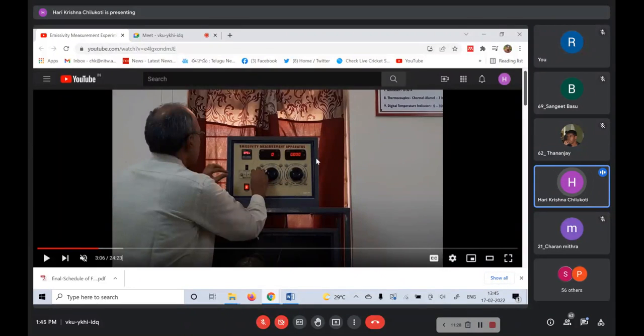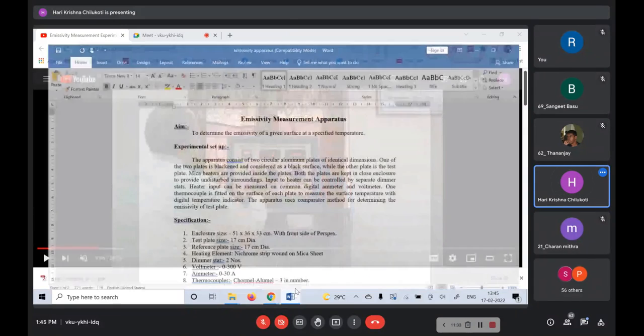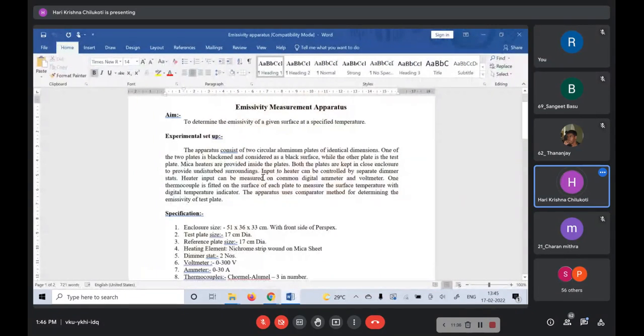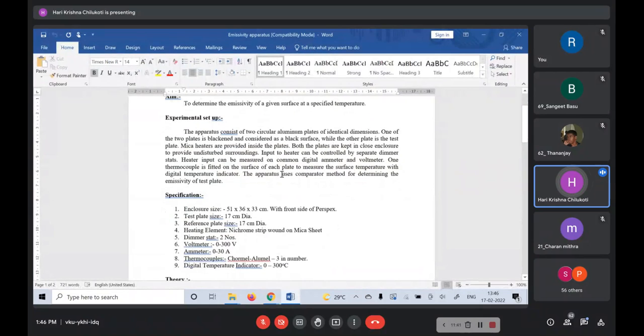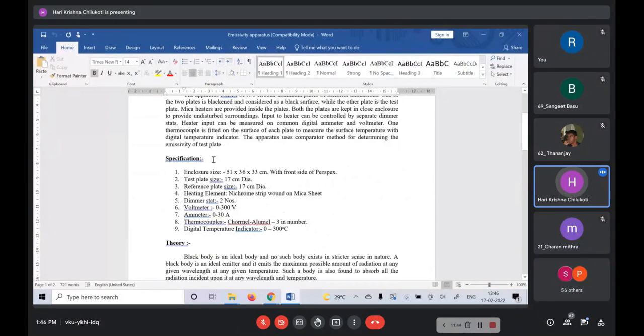Now let us see a little bit of theory behind this particular experiment. Again, let us see the manual. As per the experimental setup, which we have already looked into, and as per the specifications of the different parts of this experiment, the enclosure in which the test plate as well as the reference plate are positioned has these dimensions, and the plate has a diameter of 17 centimeters.